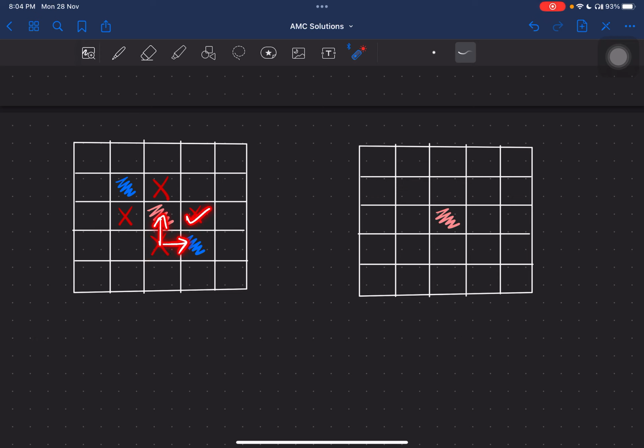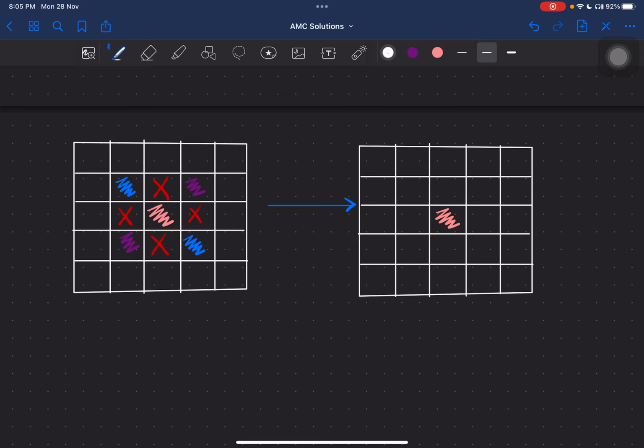That is true for all of them. So this is actually a valid one. Other than that, we will have one more case where if we put here and here, the same thing will work.